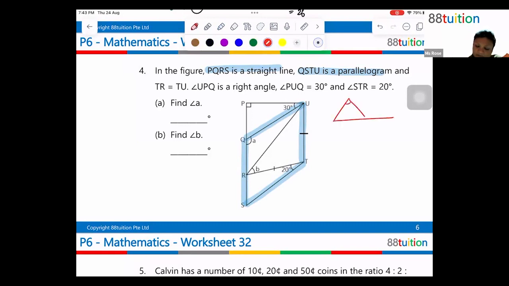The exterior angle property, A plus B. This property can be seen here. Can you see this? So that means angle A is equal to 30 plus 90 to give me 120. The first part is pretty straightforward, so we're using this property for part A.